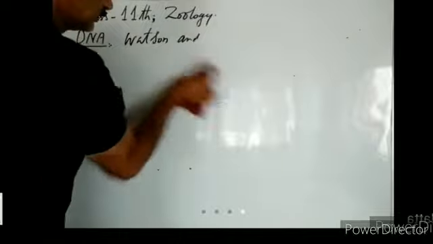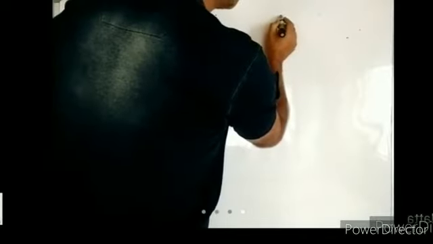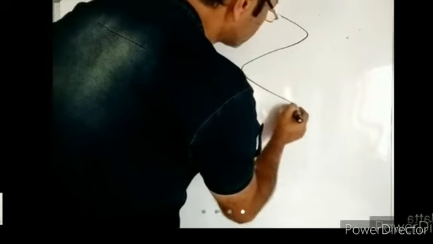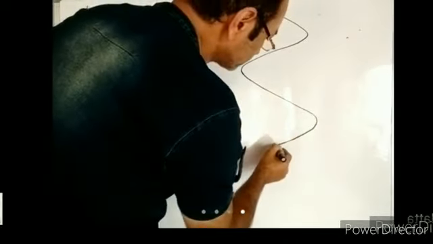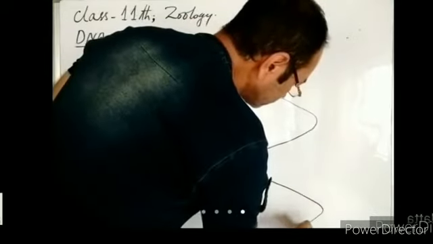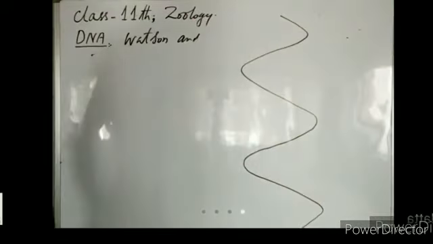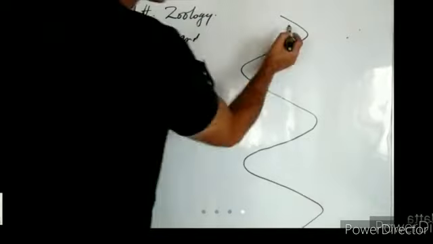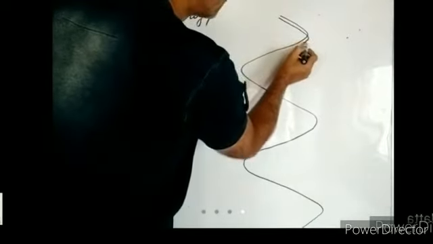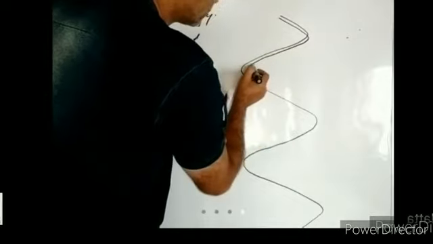See how the diagram is drawn. You have to draw a line like this first. Then you have to draw another line over it like this.